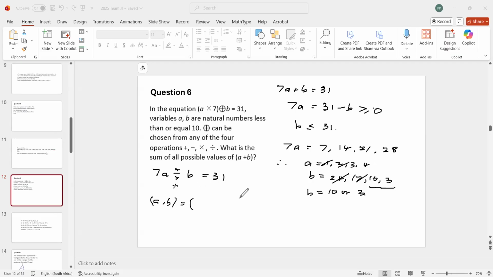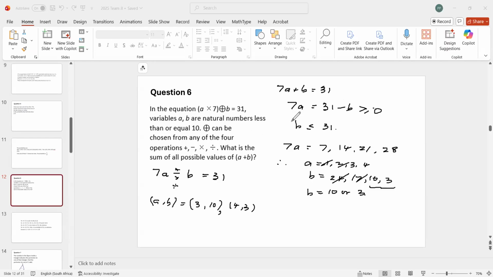A is 3 and B is 10. Or you have A is 4 and B is 3. 4 times 7 is 28 plus 3. It took such a long time. I'm sure there's a very much shorter way of doing this. You have to just see what are the multiples of 7 here which are less than 31. You can get the answer.